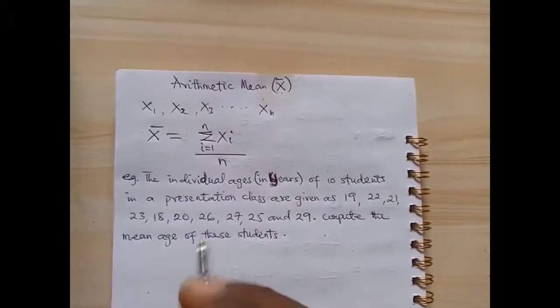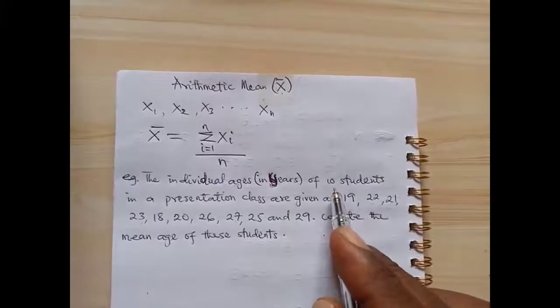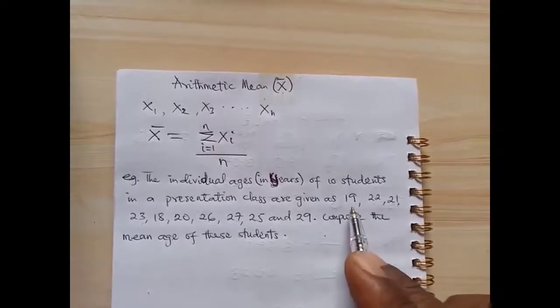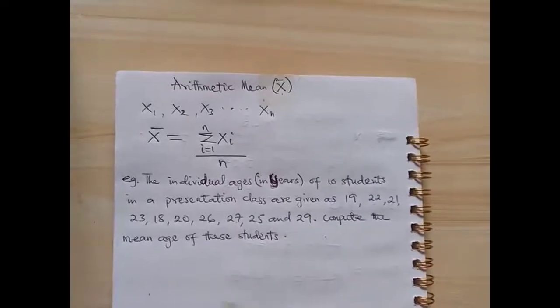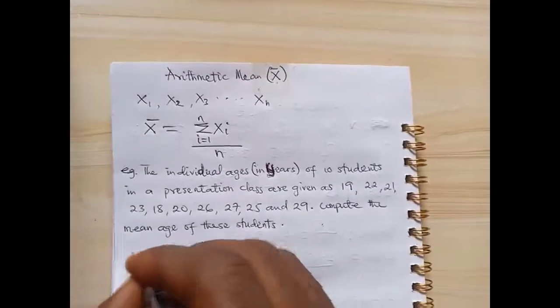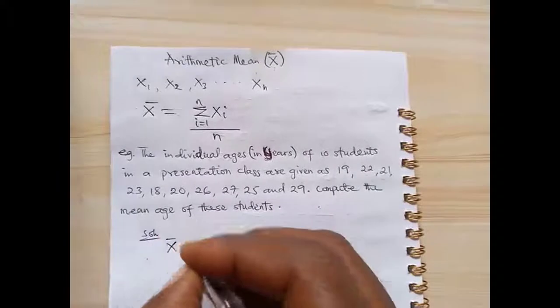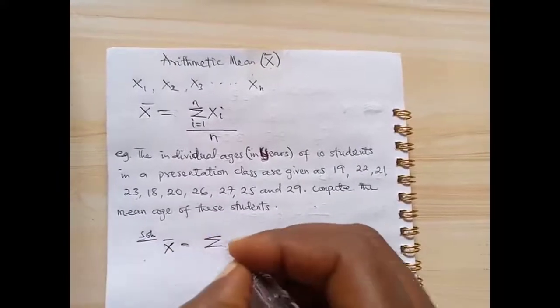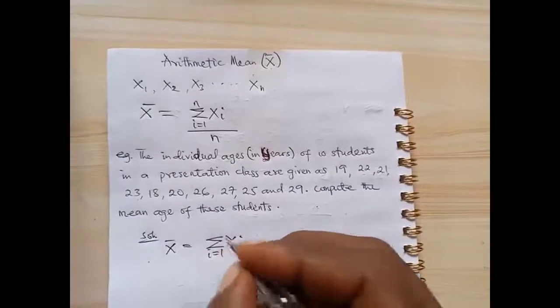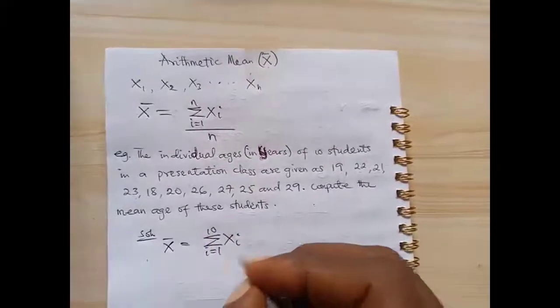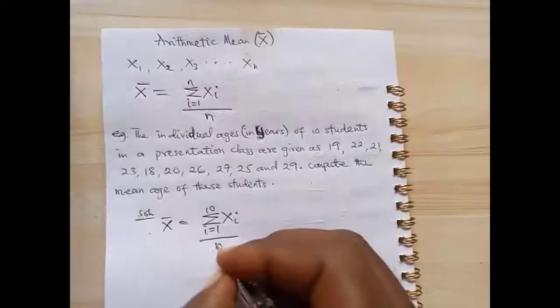Now we are already told that there are 10 students. It means these values will be 10 in number: 1, 2, 3, 4, 5, 6, 7, 8, 9 and 10. So for us to compute the mean, it will be summation of the individual values, starting from 1, and they are 10 in number, over n.